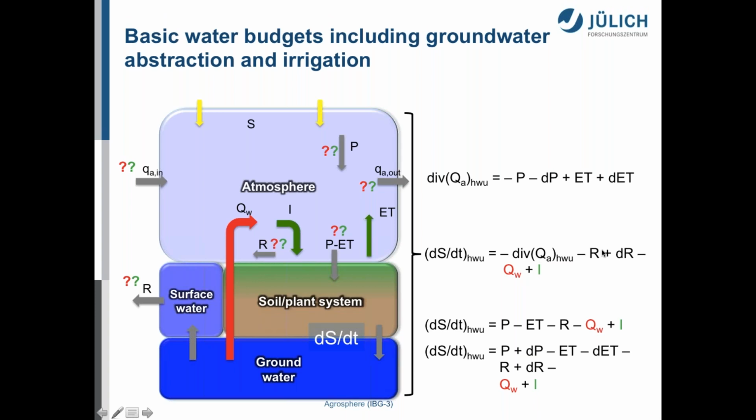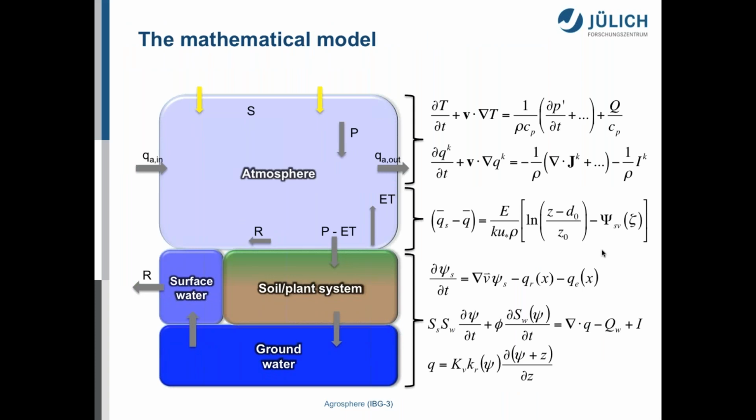So this is something we are interested in. So what we do is expand these very simple equations and develop a mathematical model from groundwater into the atmosphere. What you see are the equations for the subsurface. It's basically the mass balance equation, with a movement equation, the Darcy equation, so it's basically Richards' equation in 3D.